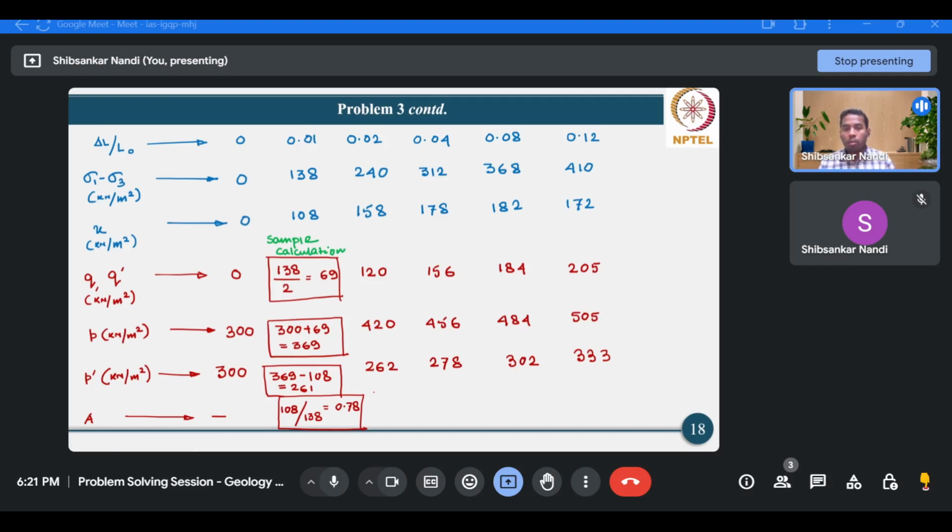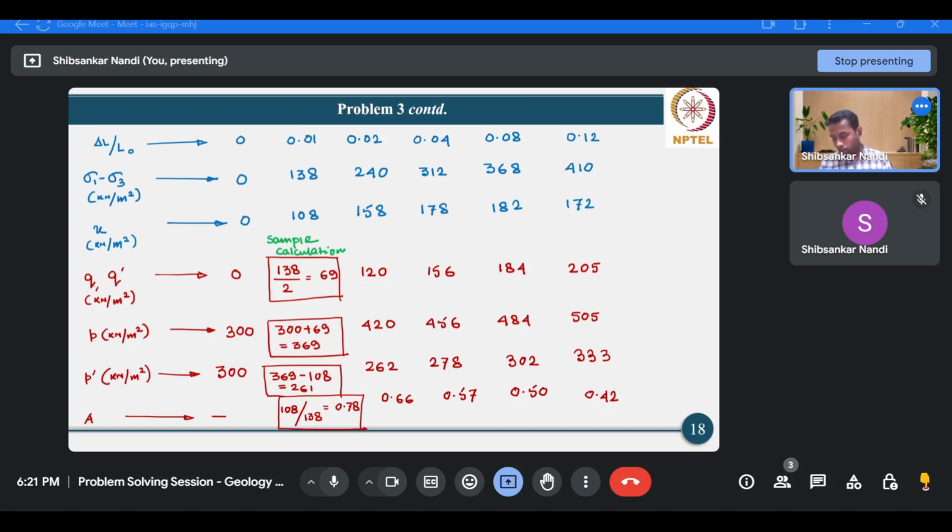Now the pore pressure coefficient for other data is 0.66, 0.57, 0.50, and 0.50. So it's simply your U divided by sigma 1 minus sigma 3.